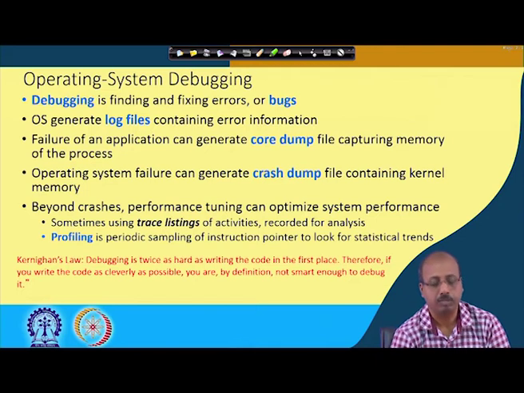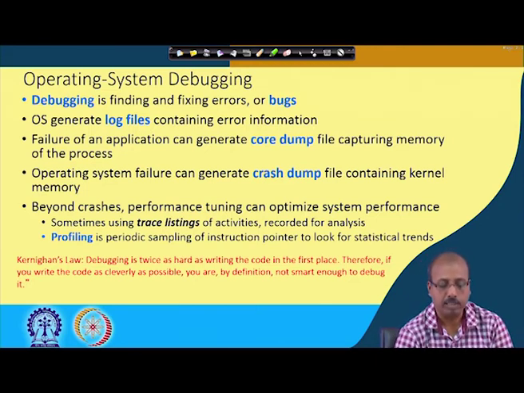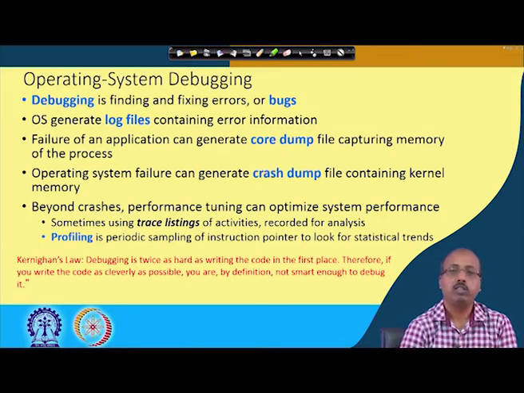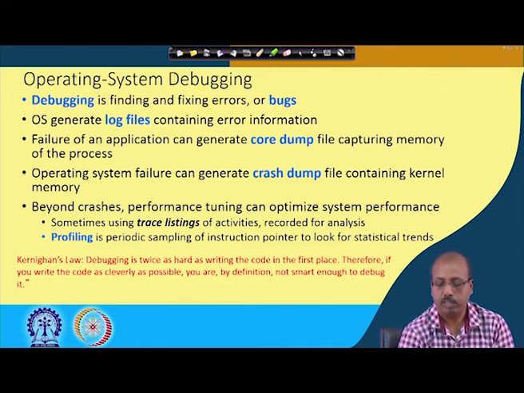There is something called Carnegie's law, which says that debugging is twice as hard as writing the code in the first place. This is very important because somebody else has developed the code, and now we are trying to find the difficulty with that code. It is very difficult, and even if it is done by the same person who developed the code, it is often very difficult to find the root cause of the situation.